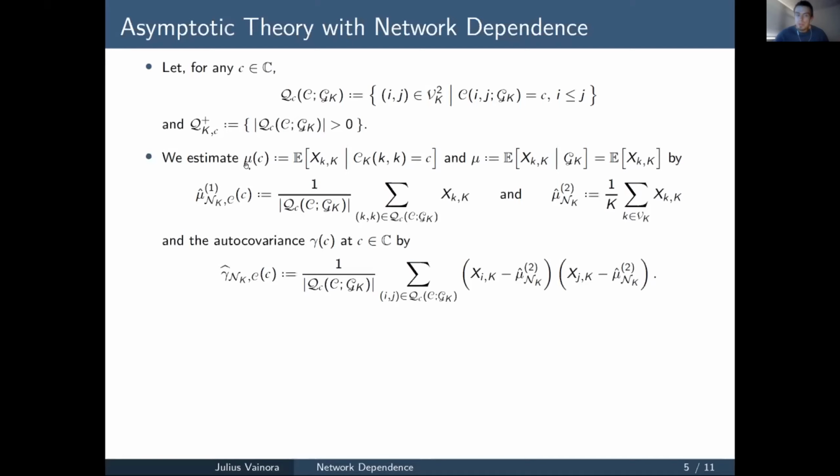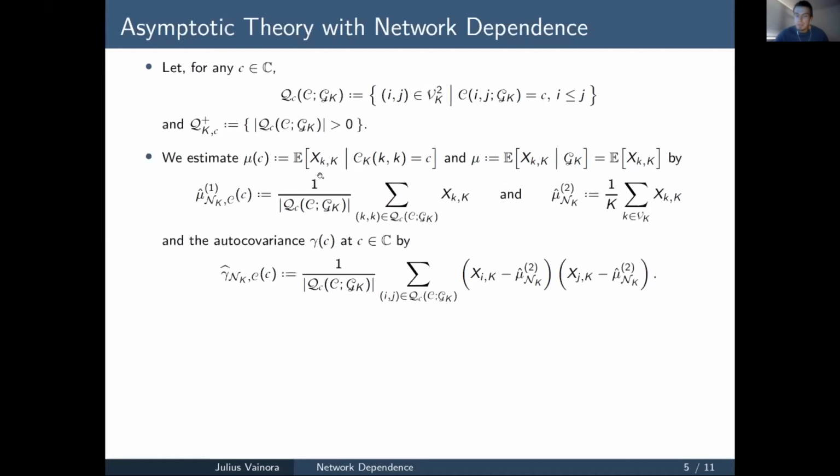We may want to estimate this mean depending on the class, and on the other hand, the mean may be constant on the graph. So that's simpler, and the estimators are as you would expect. For the constant mean, it's just the sample mean where we average all the K entity characteristics. And if we are conditioning on the class, then again, we sum all the x's that are from this class.